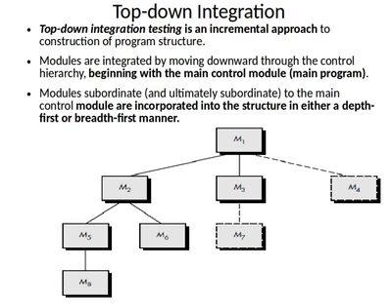Now in this figure of top-down integration, depth first integration integrates all components on a major control path of the program structure. Selection of a major path is somewhat arbitrary and depends on application specific characteristics.